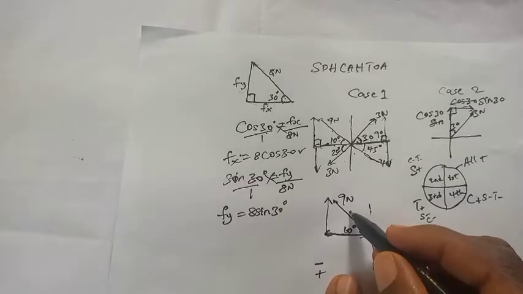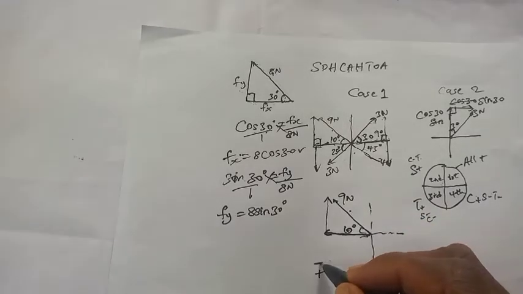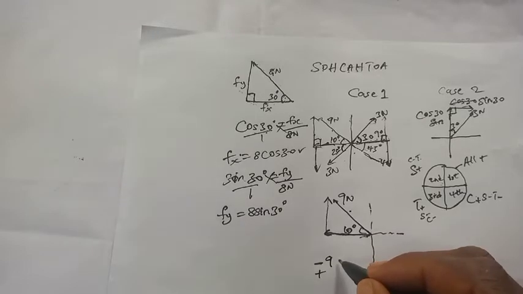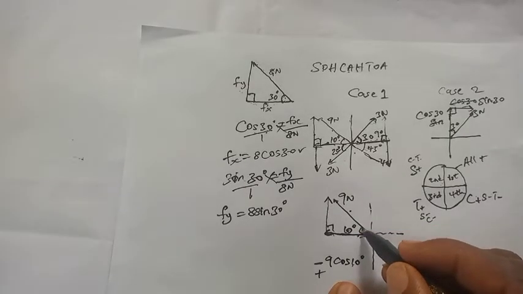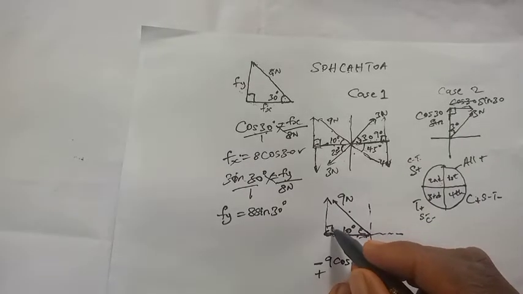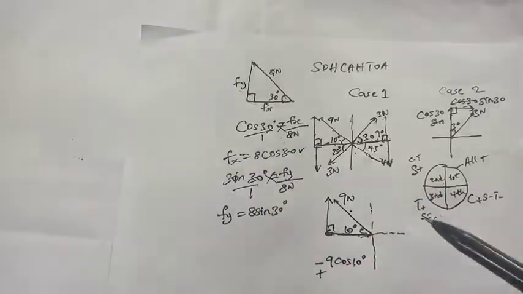So if we want to resolve this down to its horizontal and vertical components, the horizontal component is negative 9 cosine 10 degrees. Remember, cosine, because this is the line that is holding both the angle in question and the angle 90 degrees. And if you draw it out, you can resolve it this way.